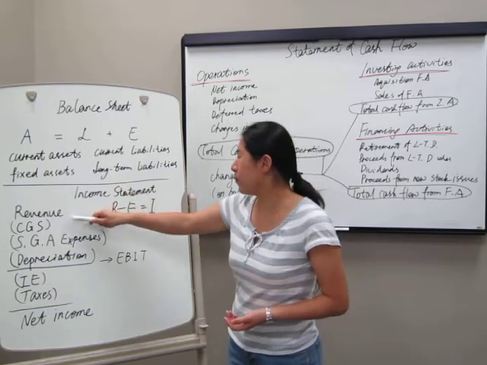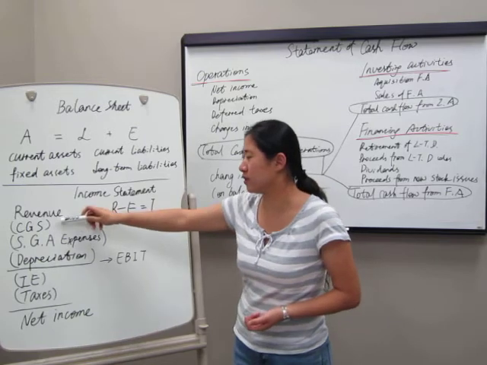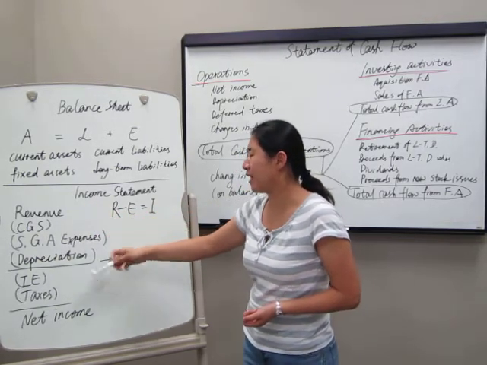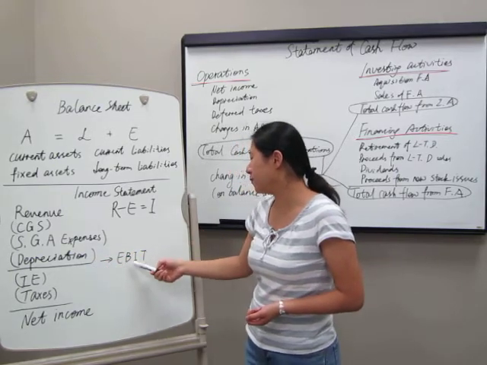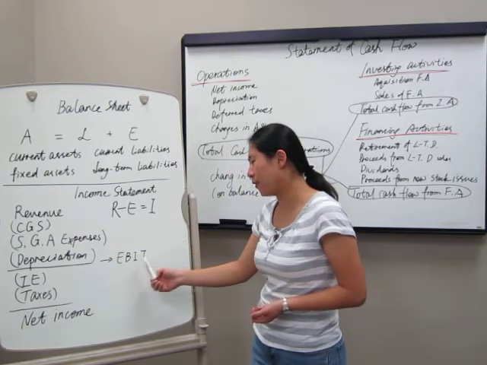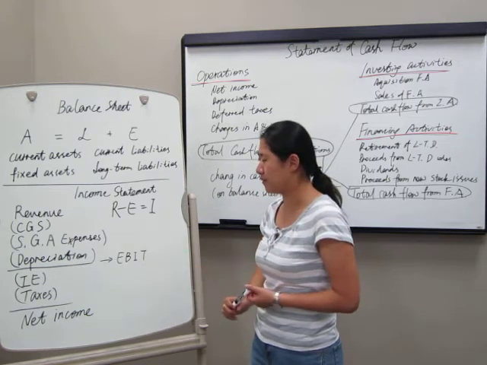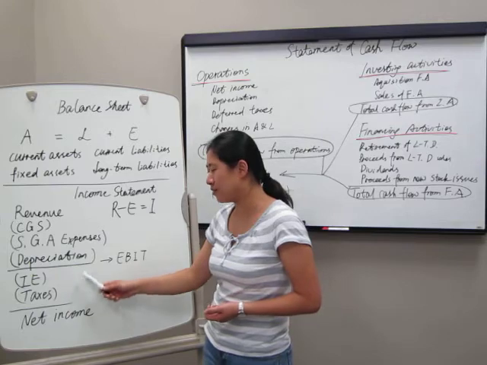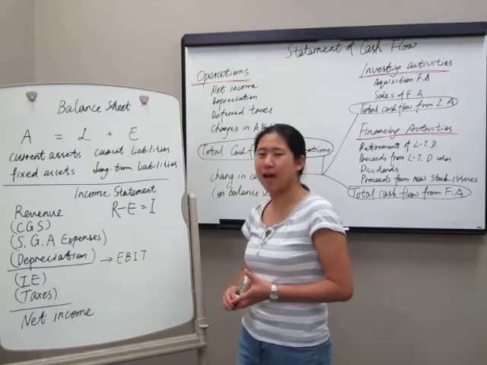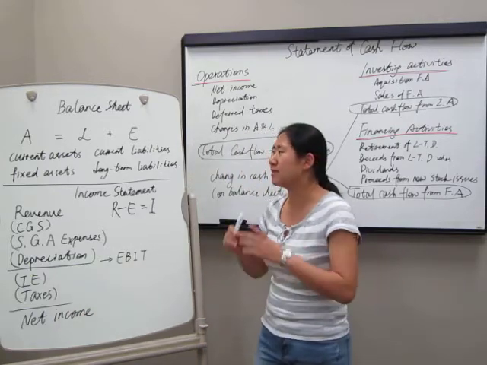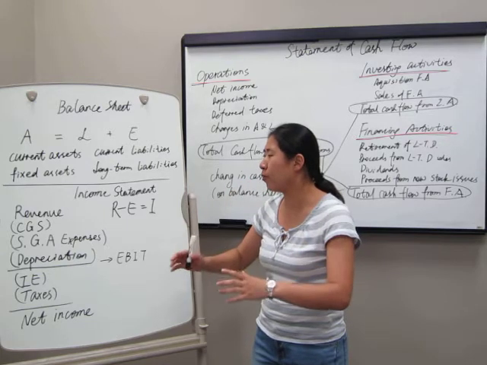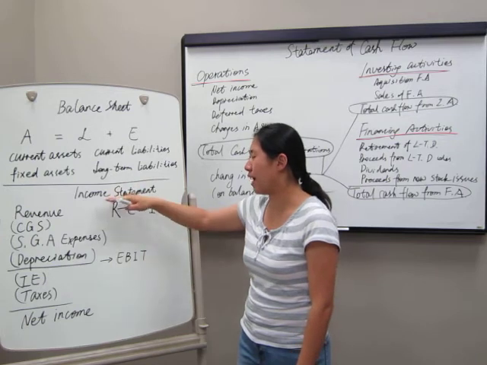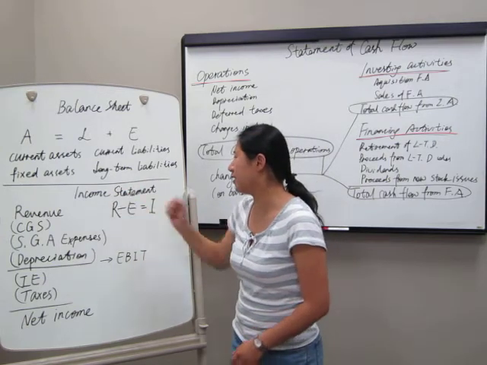So the revenue minus expenses such as cost of goods sold, selling, general, administrative expenses, and depreciation, we get earnings before interest expense and tax expense. And after we subtract interest expense and tax expense, we get the net income. And net income is the figure we get after subtracting all these expenses, and that is the last number on the income statement.